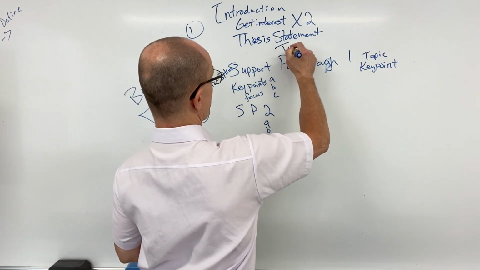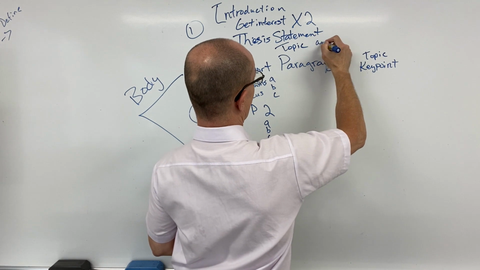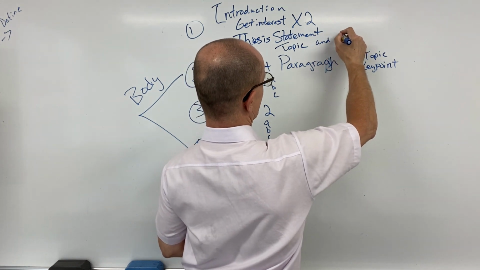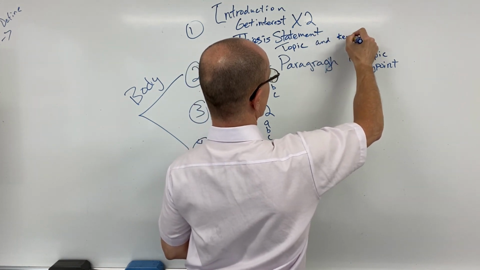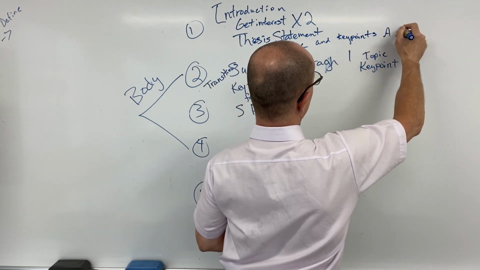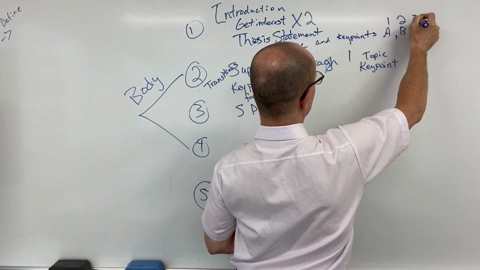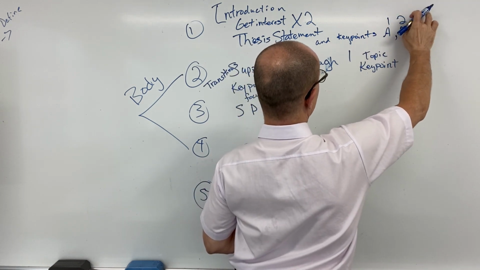So we have the topic in my thesis statement, right? I have the topic and key points. I want to use 1, 2, and 3 here, maybe. It'd be a little less confusing.